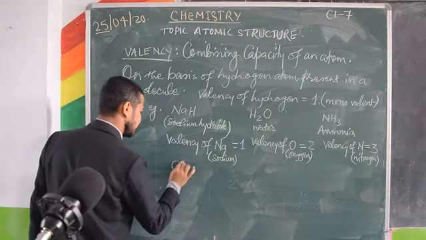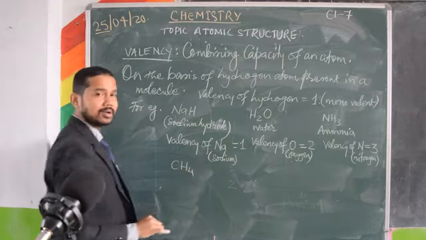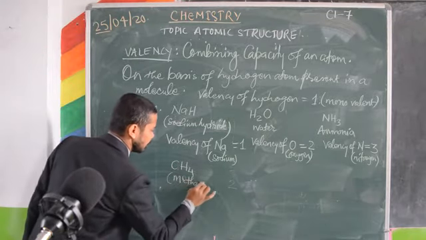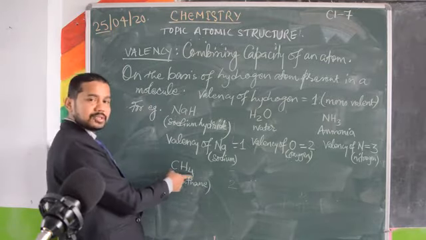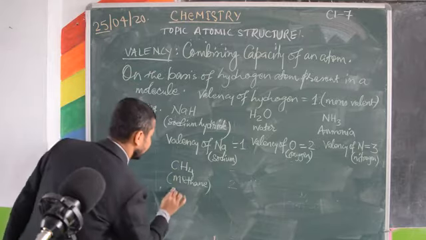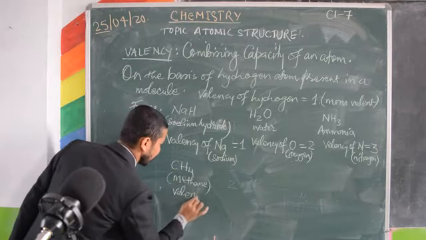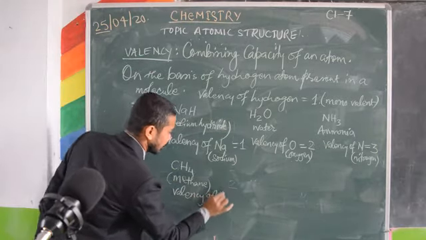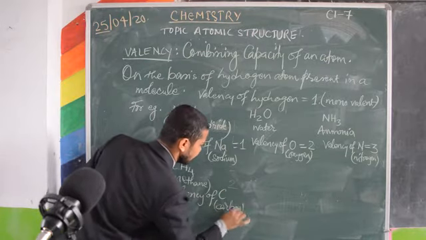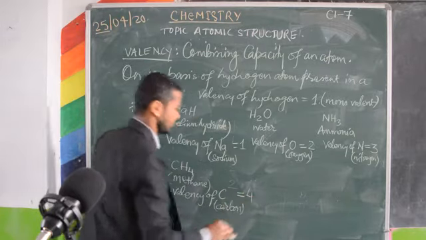Similarly, if I write CH4, this is methane. How many hydrogen atoms are present here with carbon? 4. So the valency of carbon is 4.